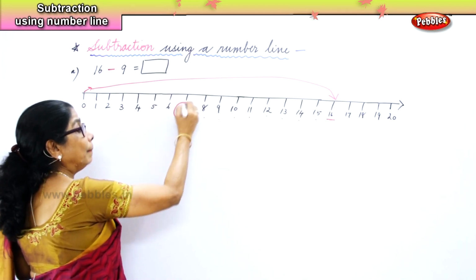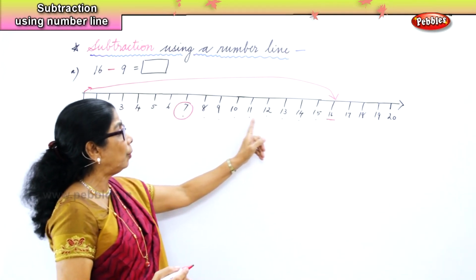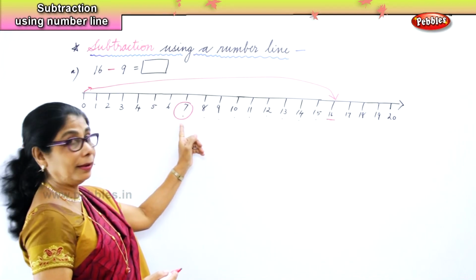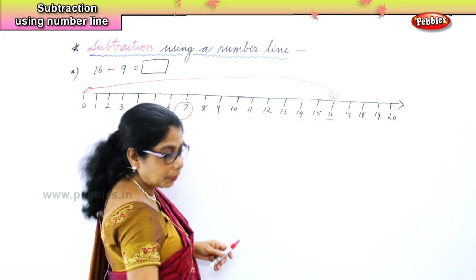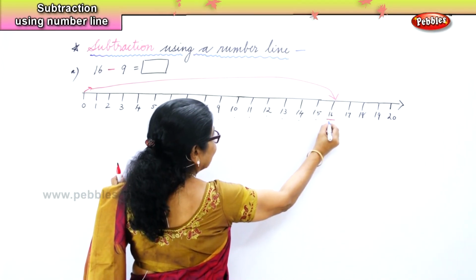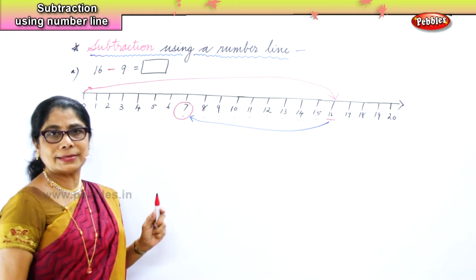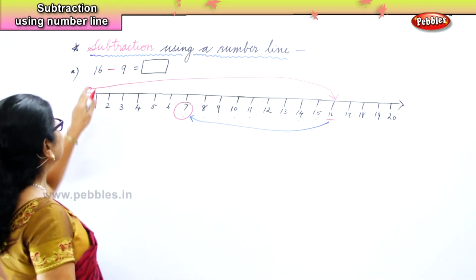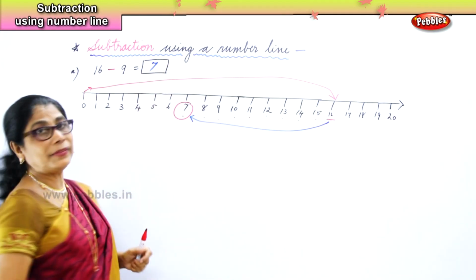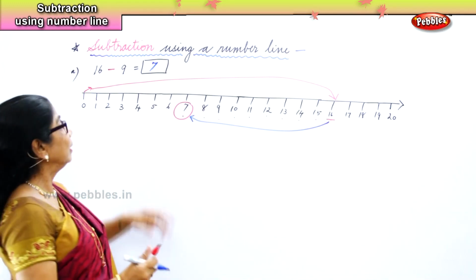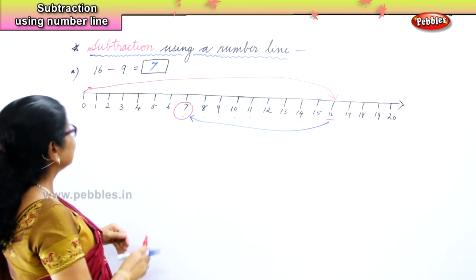You are counting backwards 9 numbers. Then from 16, the arrow comes back, counted backwards, and that's it. The answer is 7. 16 minus 9, your answer is 7.